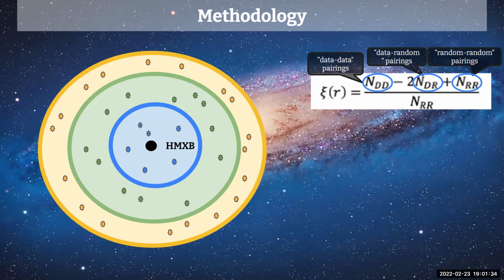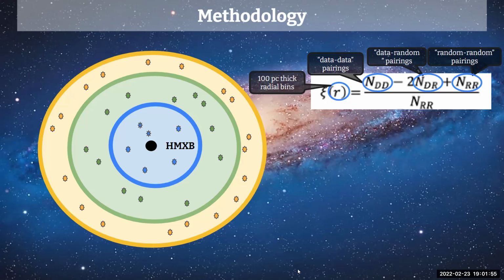The NRR, or random pairings, are randomized locations for both high-mass X-ray binaries and young star clusters in each galaxy. And finally, the R represents 100 parsec thick radial bins.